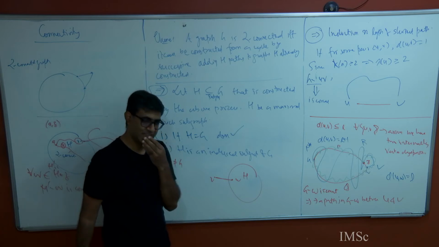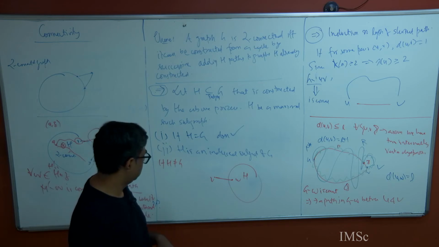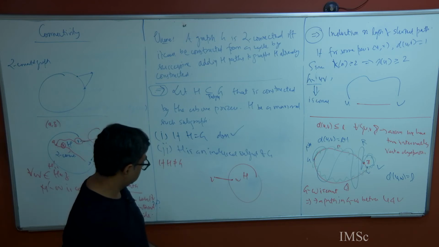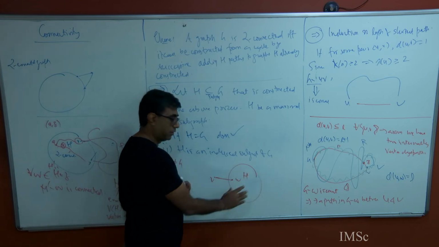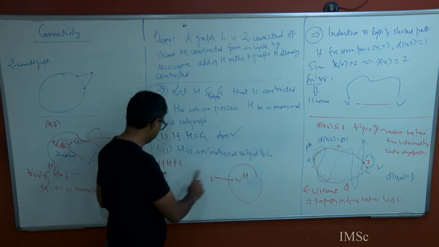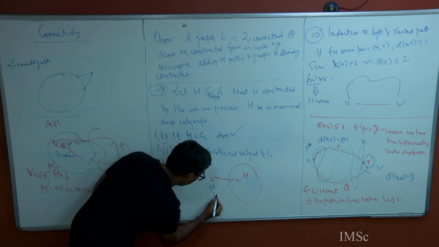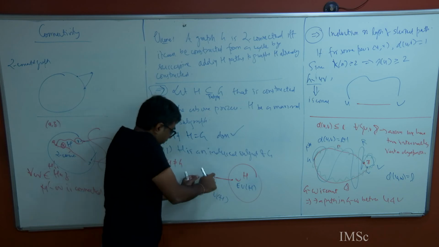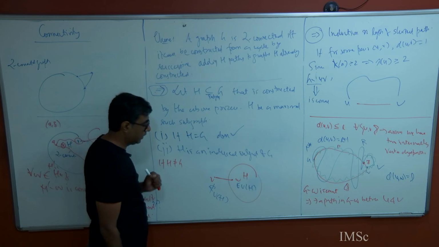Can I show it now? Think, we have done this before. Why does V have 2 neighbors in H? Because we agreed that H is an induced subgraph of G. So if H is not equal to G, there is a vertex V not in the vertex set of H and a W in the vertex set of H, and there is an edge between V and W. Just take those as is.